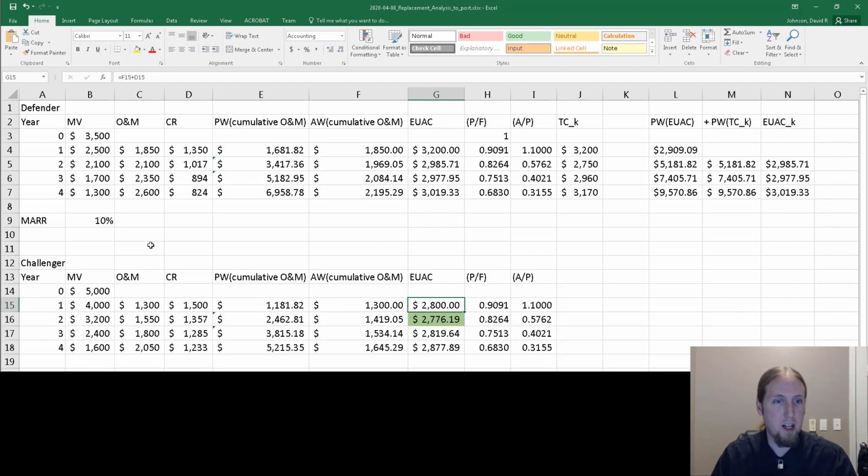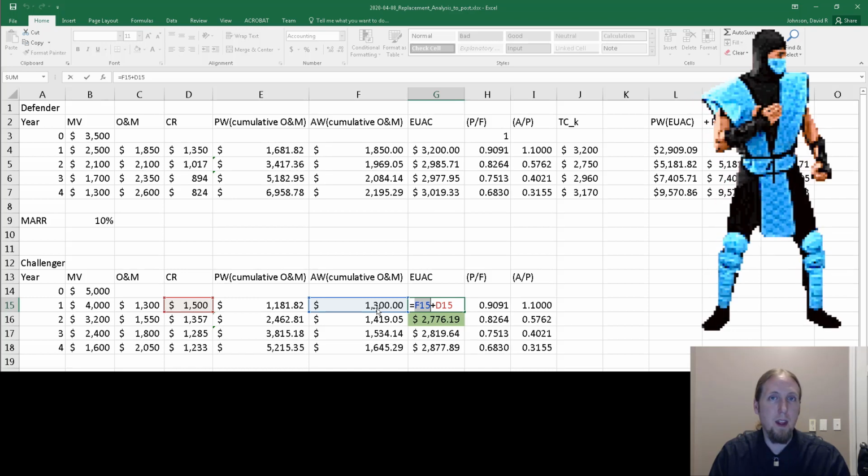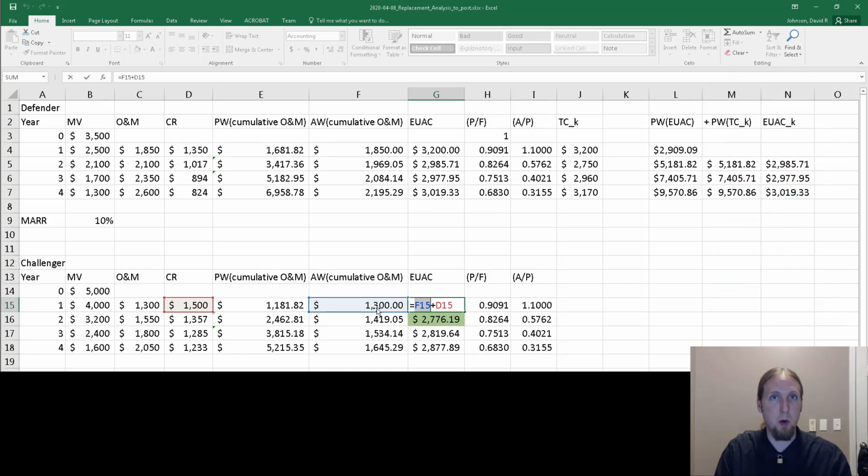We'll focus first on the challenger here at the bottom in order to figure out its economic lifetime. I've got a column here where we're calculating the EUAC. That is just the annual worth of all of the costs, and so we could divide this up into the annual worth of the O&M costs plus the capital recovery amount, where, remember, the capital recovery amount is the annual worth of the difference between the initial investment, or MV sub 0, and the market value at any given point in time.